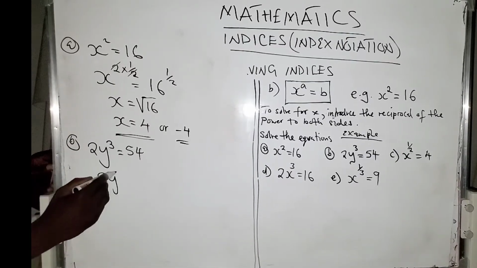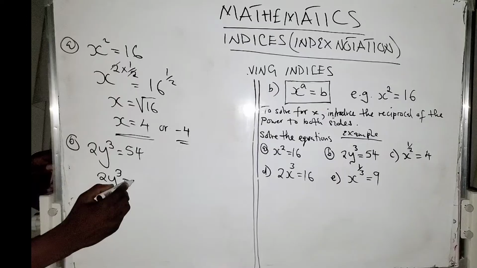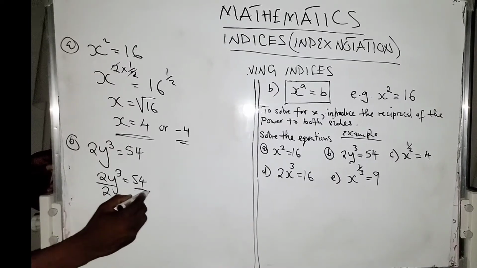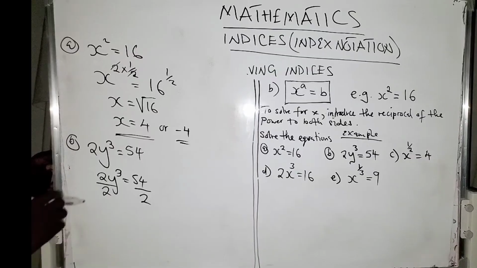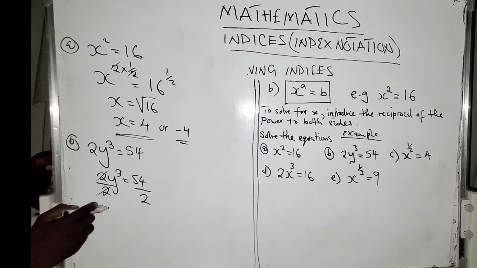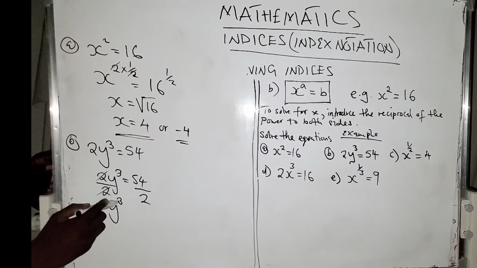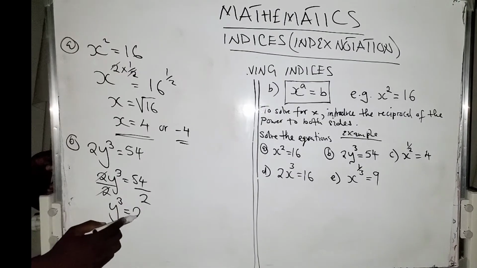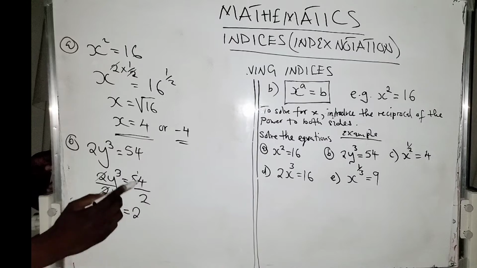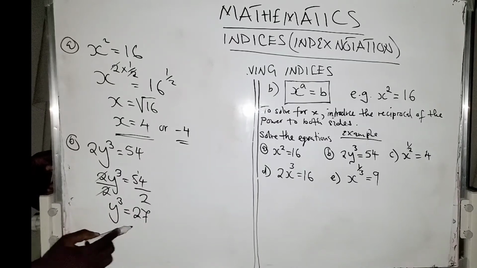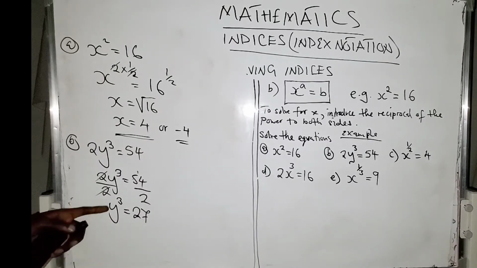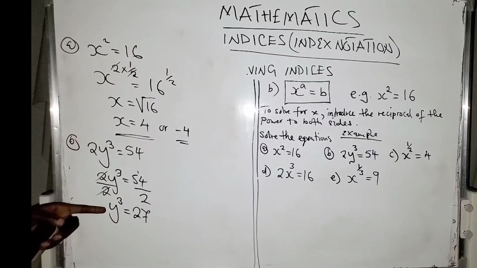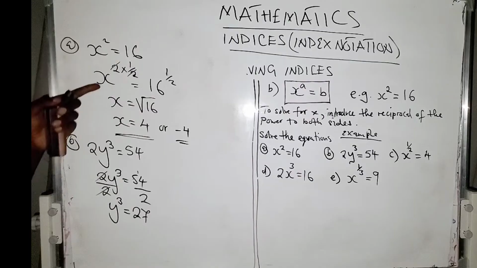So 2y to the power 3 is equal to 54, divided by 2, even this side by 2. So these 2 and these 2 cancel. Then y to the power 3 is equal to 27, since 2 into 54 is 27. So in other words, instead of just giving us y to the power 3 is equal to 27, they've given us this. So this is now where you can introduce the reciprocal.